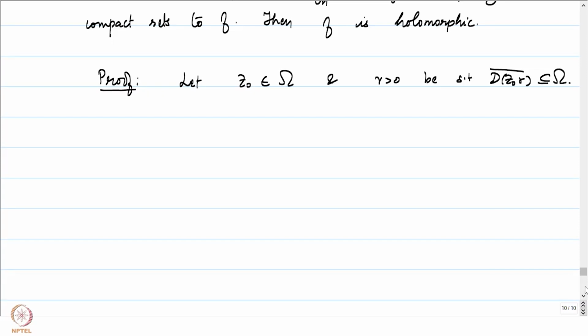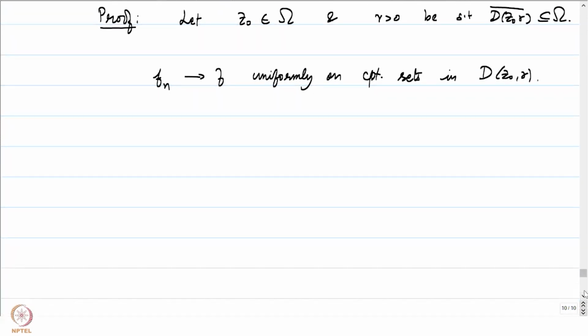So, since fn converges to f uniformly on compact sets in omega, in particular fn's converge to f uniformly on compact sets in dz0r. Now let's take any closed polygonal path in dz0r.